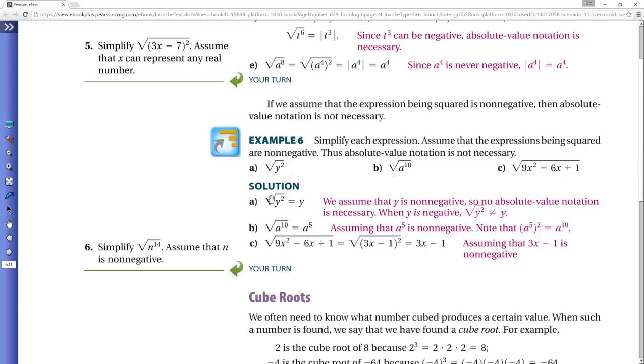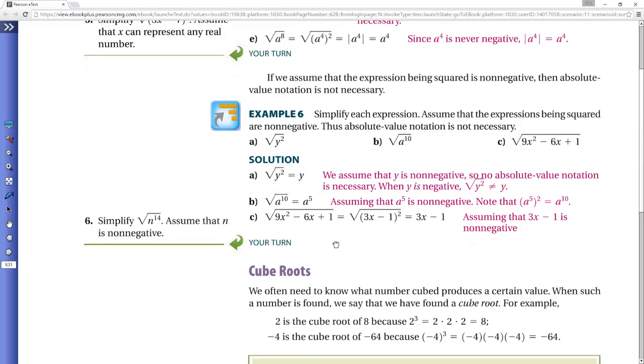We want to work specifically on how do I simplify these expressions. And here we go with factoring here if you look at example C. And let's go to that one directly. Now they're assuming we don't have negative issues, so we're not seeing those absolute value symbols. But only do that if they give you instructions to take care of that, because that is an issue that we'll have to deal with over and over again.